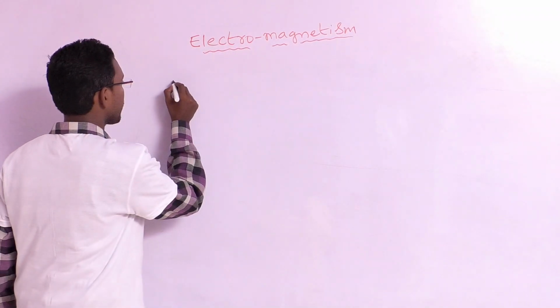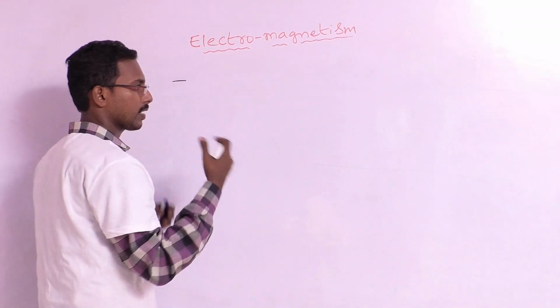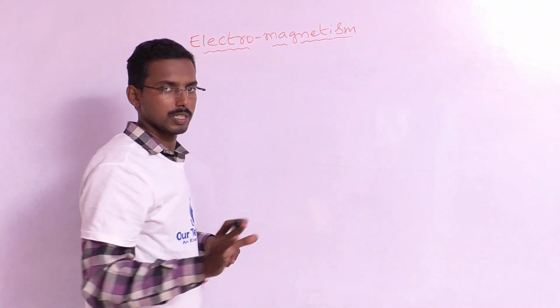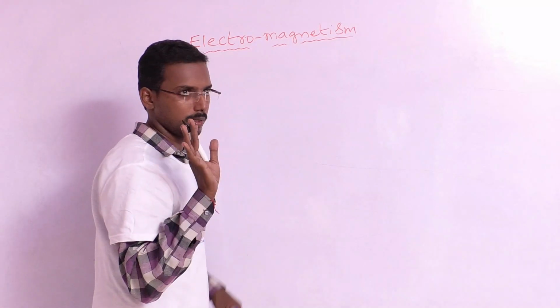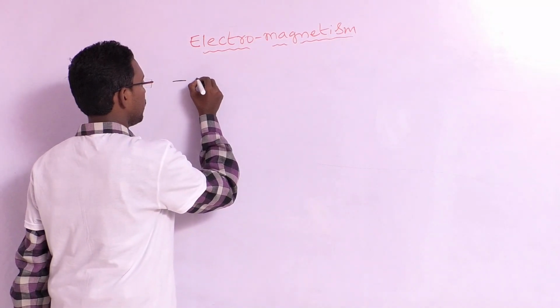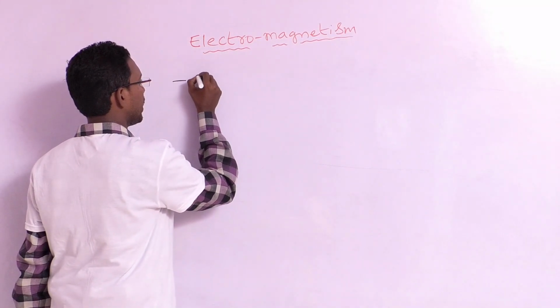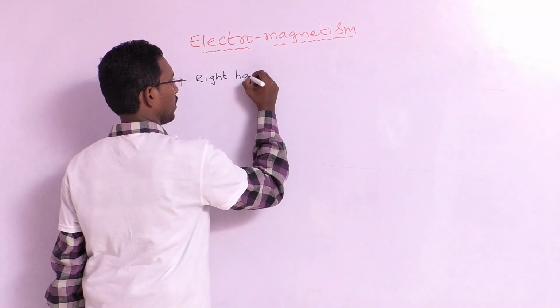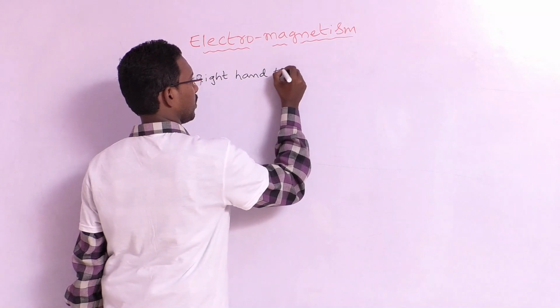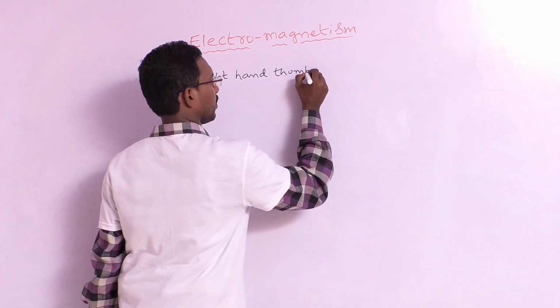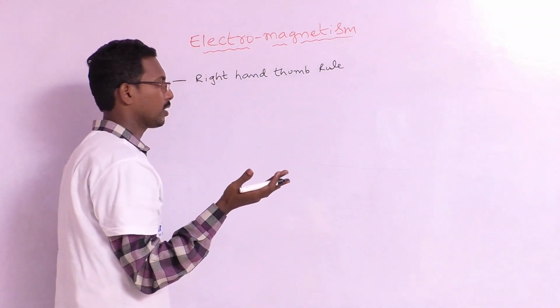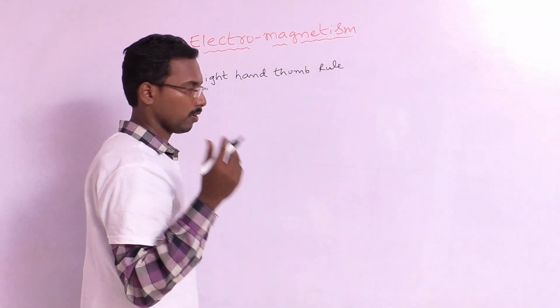Later we will come across how current passes and the relation between current and magnetic field. All these concepts can be solved with one topic known as the right hand thumb rule, or alternatively the right hand screw rule.